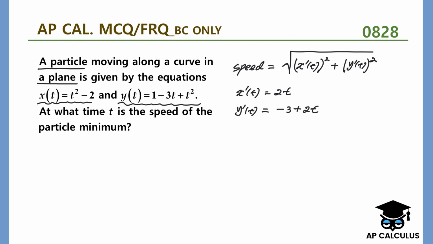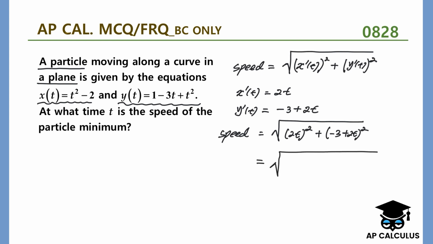So our speed is equal to the square root of x prime squared, 2t squared, plus y prime squared, negative 3 plus 2t squared, right? If we simplify the expression inside of the radical, that's going to be 4t squared plus 9 minus 12t plus 4t squared.